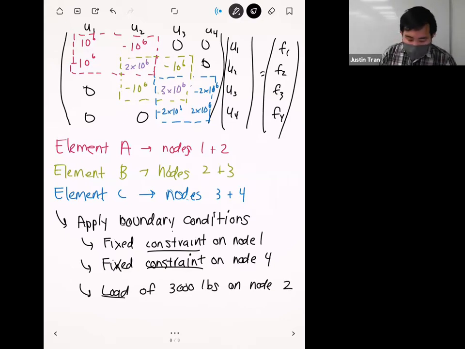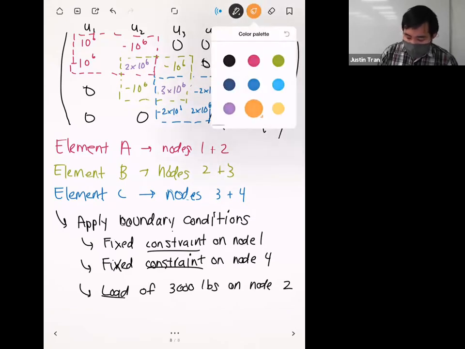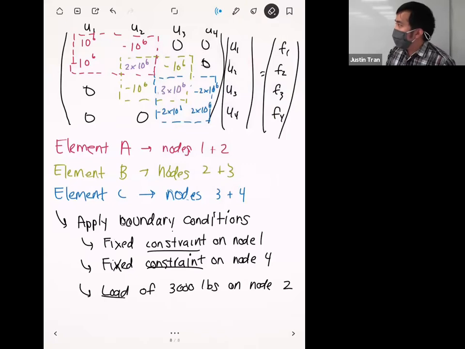And so let's go ahead and apply all of these boundary conditions. All right, so let's start with the constraints, right? And so remember, for the constraint type boundary conditions, we go to that row in the matrix, and then we replace that row with a 1 on the diagonal and then zeros on the off diagonal, right? And so let's start with node 1.